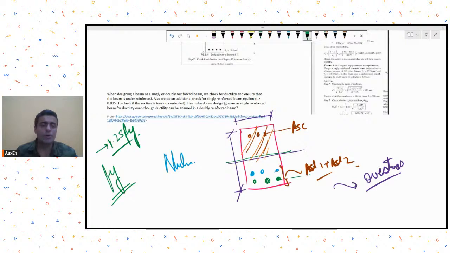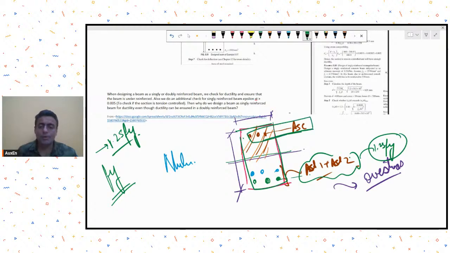It can reach a value of 1.25 Fy. Okay. So now what will happen if my beam is already doubly reinforced and I have put so much steel over here, and then it can take 1.2 Fy, 1.25 Fy. Now my concrete gets stressed in that case. Because it was doubly reinforced, my concrete cannot take anything beyond this.